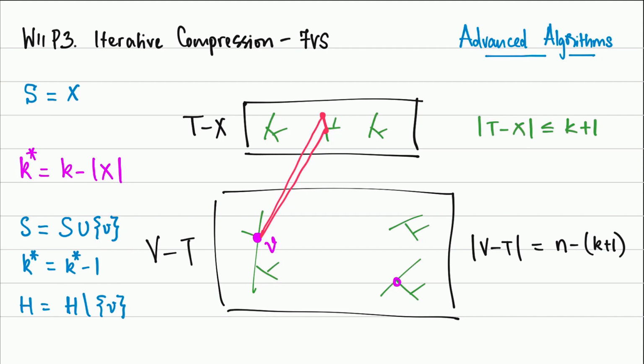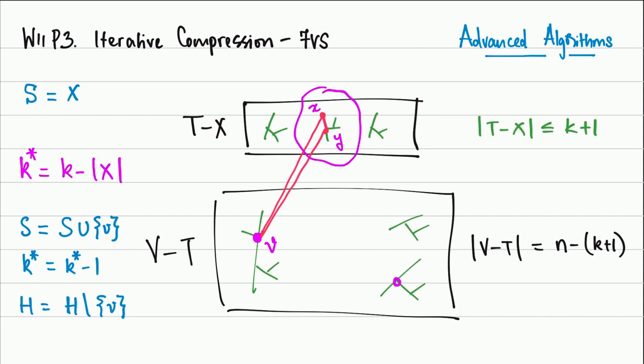So whenever a vertex V has two neighbors in a common connected component of T minus X, then you know that in that component there's going to be a path from, so let's say these neighbors were x and y. So there's a path from x to y completely in T minus X, and V is adjacent to both x and y.